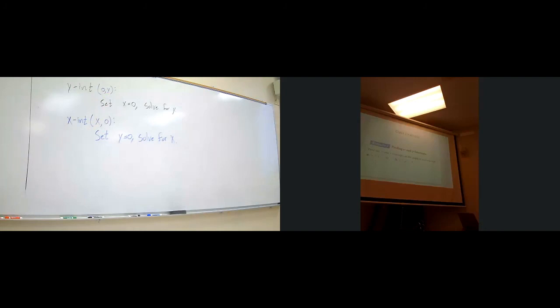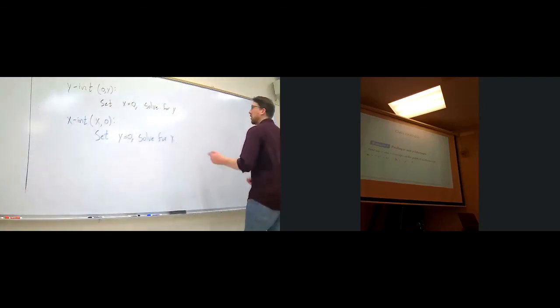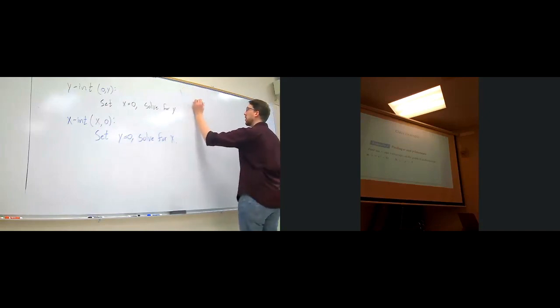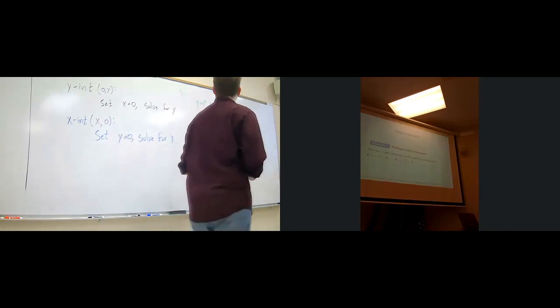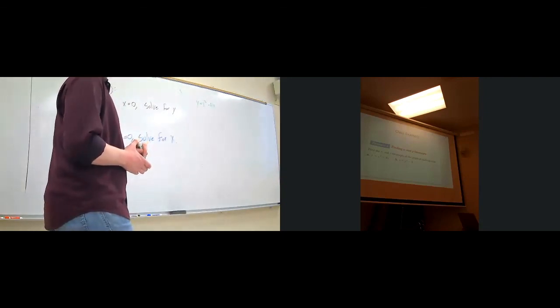So as 2 examples, let's say we want to look at A. Y is equal to X cubed minus 4X. The first thing we might notice is that we can pull out an X, right?